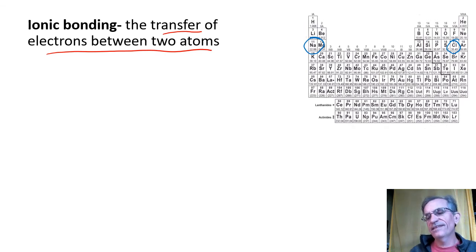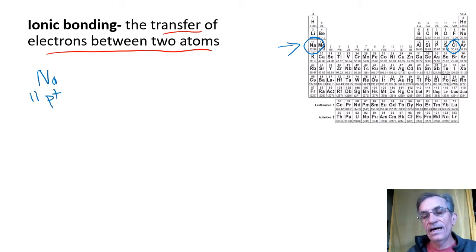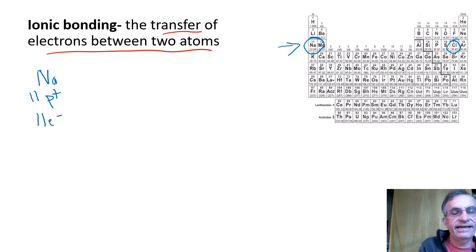Some of this I'm going to go through a little fast because it's things we've heard about before. So let's start off with sodium. Sodium is Na, and if I ask you how many protons it has, it's 11. And in a sodium atom, there are 11 electrons.